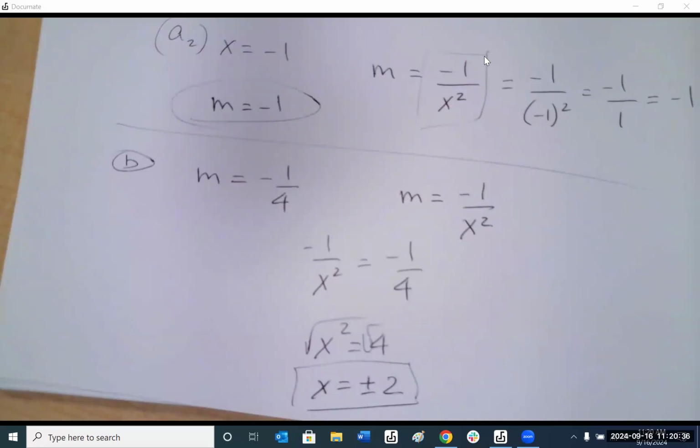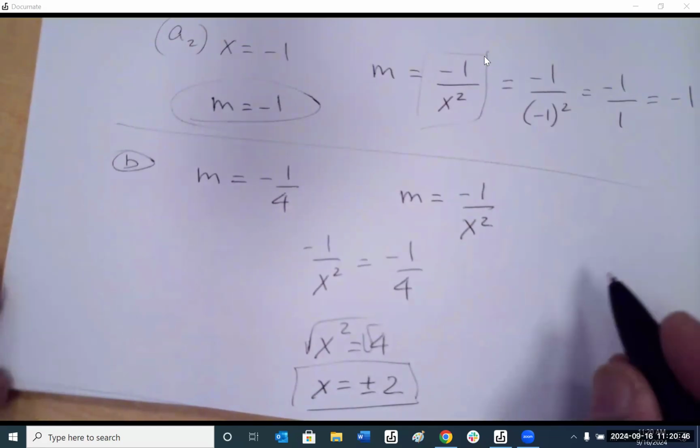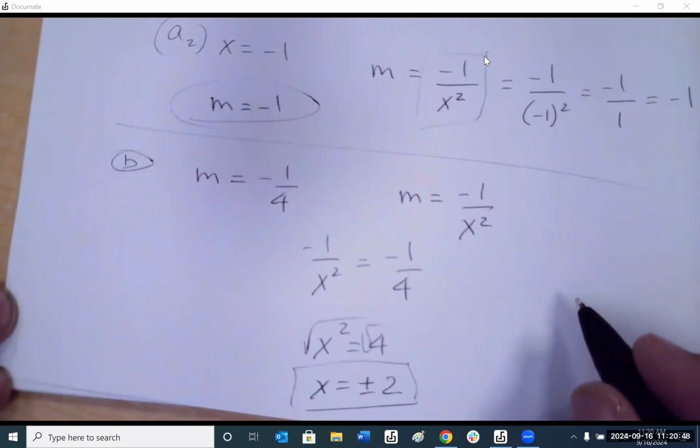So the question asks, where does it equal negative 1/4? What's the answer? It's asking for 2 points.